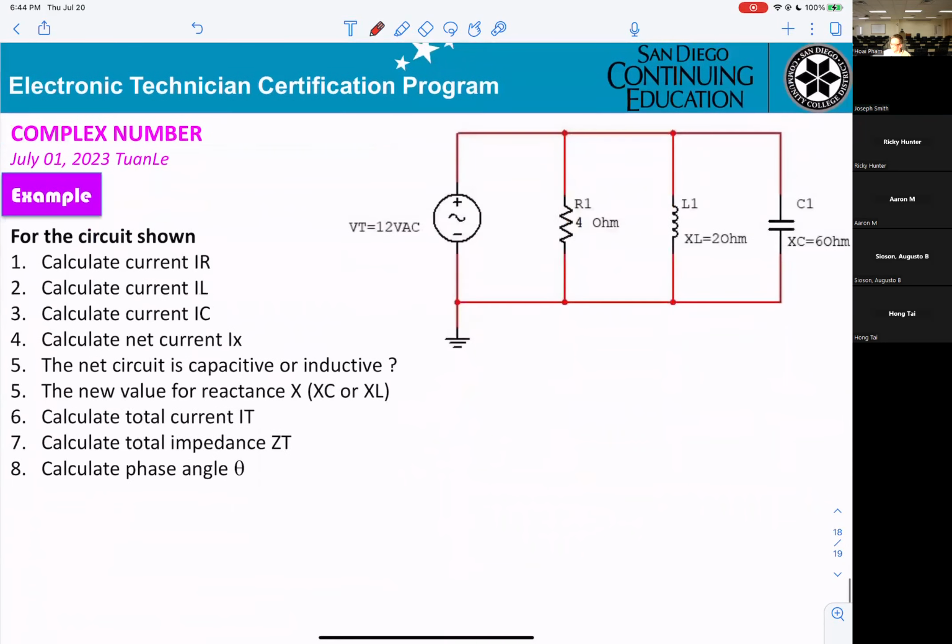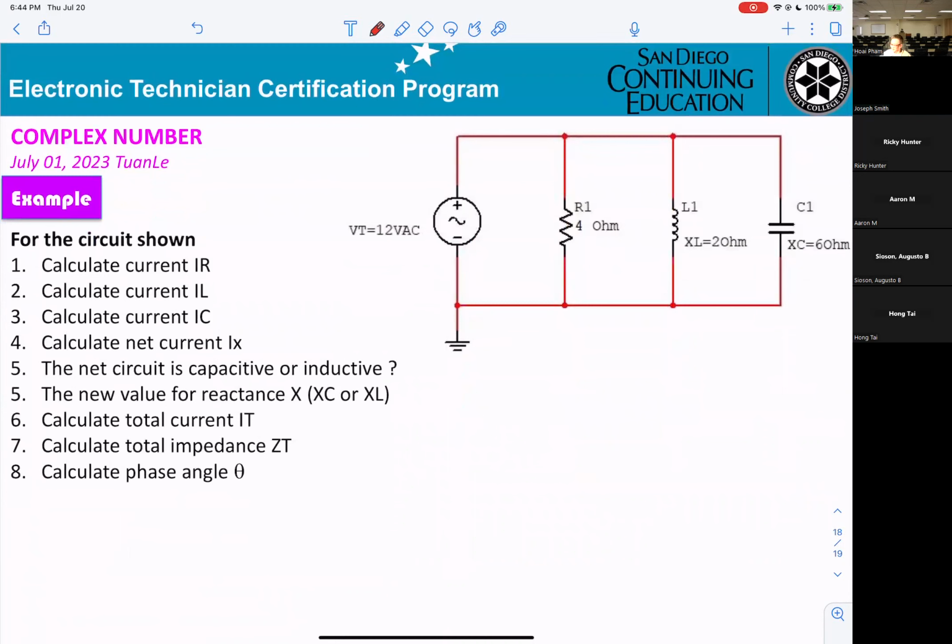Last one, I just gave you the way how to do it. After a while, you can get along. Okay, XL is 20, XC is minus 60.